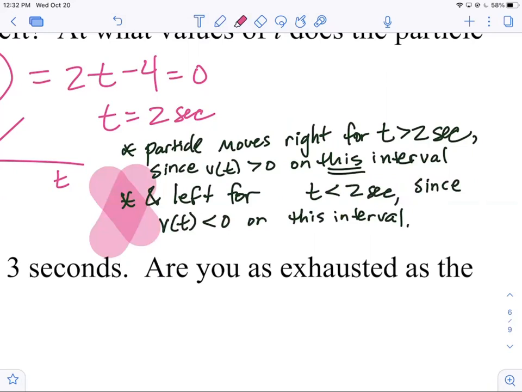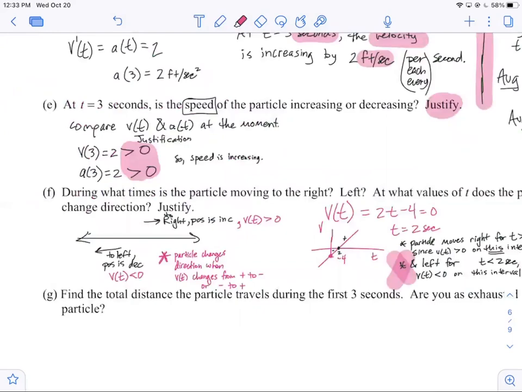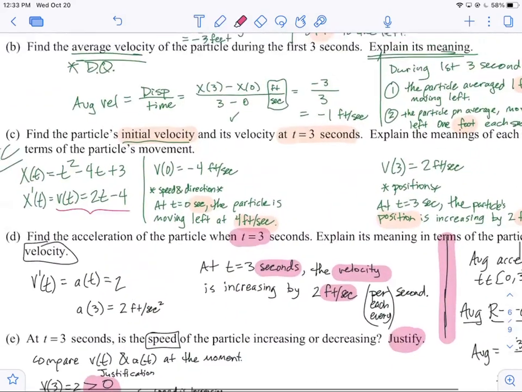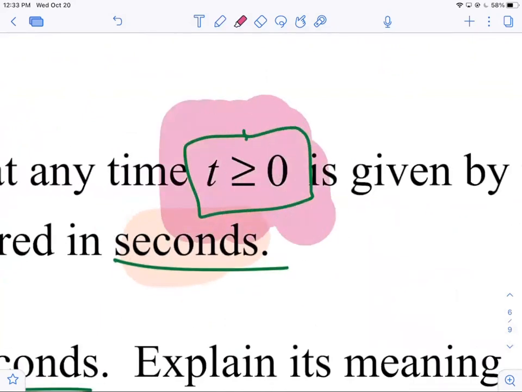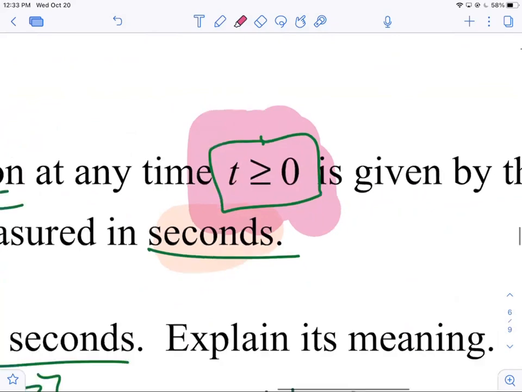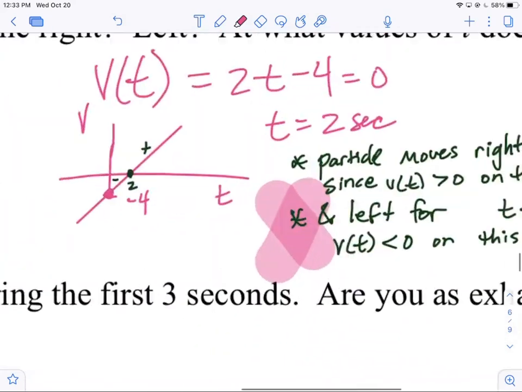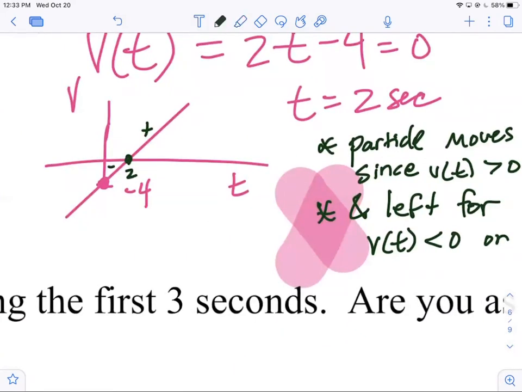No. But do you remember yesterday at the very beginning, I said, as you're reading the original problem, there's something that you might just gloss over, and it may come back to bite you. This problem only takes place at t equals 0 and to the right. So guess what we need to make sure we do? I need to make sure that I only look at the graph of this function from 0 and to the right. In other words, I'm not going to look at that piece I didn't highlight.